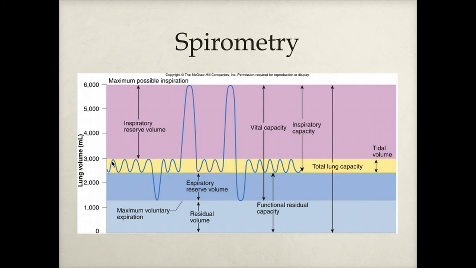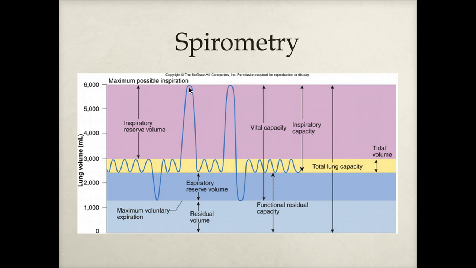All right, the next volume we'll look at is called the inspiratory reserve volume. And that volume is shown right here. And it's the additional air beyond the tidal volume that can be inhaled with maximum use of the inspiratory muscles. So what that means is if someone puts a cake full of candles in front of you and you need to blow those candles out, you're going to inhale or inspire as deeply as you can.